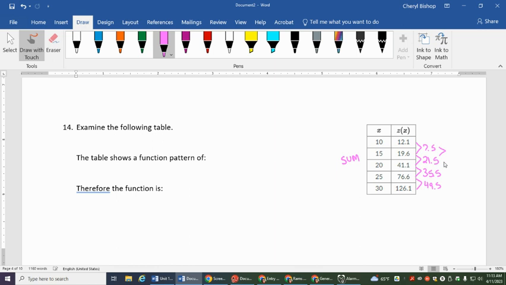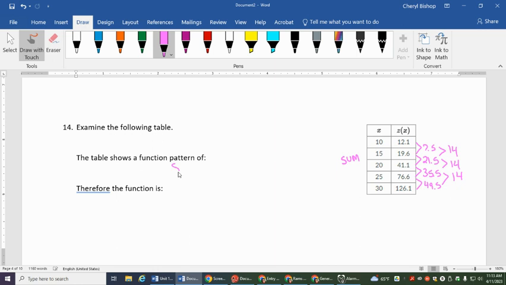So then when I look at my second difference, 21.5 minus 7.5 is 14. 35.5 minus 21.5 is also 14. That's a good sign. And 49.5 minus 35.5 is also 14.